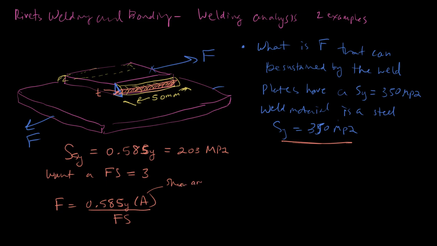That is equal to the throat of the weld times the length of the weld, and in this case we have the weld on both sides, so we can either make the length twice 50 or we can just multiply by 2. So in this case the shear area is 424 millimeters squared.